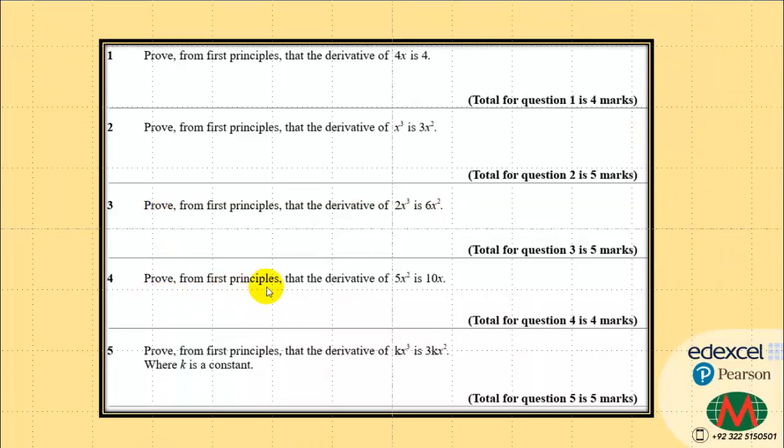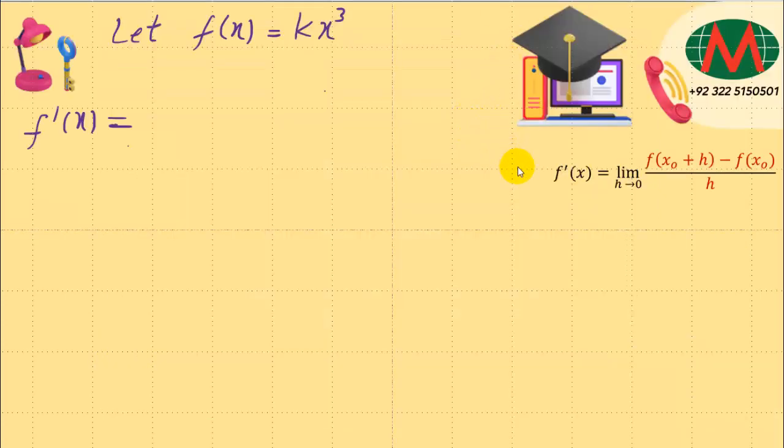The third question and the fourth question are for practice for yourself, see whether you can do it. The question number 5. Okay, now we apply this formula, and we put x0 + h into this, and the function is kx cube. K is a constant, so the constant will remain outside, and we will put this x0 + h into x.